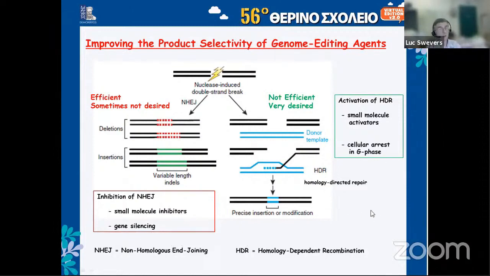And at the same time, there is a lot of research to increase homology-directed repair by small molecule activators, or by doing experiments or screenings at particular phases in the cell cycle. So the homology-directed repair pathway is favored at the G phase in the cell cycle.